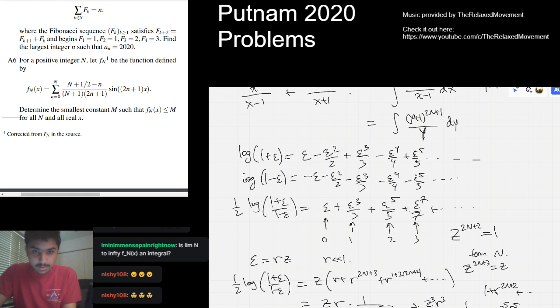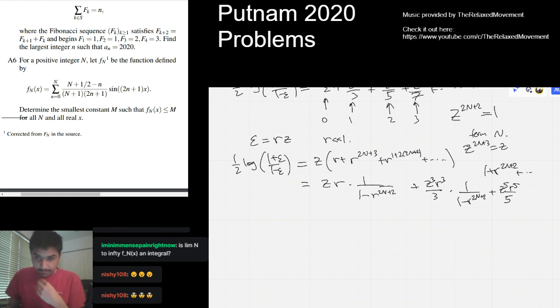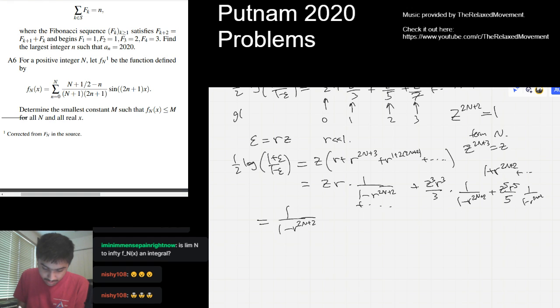I have to scroll down. So what we're saying essentially is that this is equal to 1 over 1 minus r to the 2n plus 2 times the exact sum that we want. And if we now define g of r to be the sum modified by... my bad.